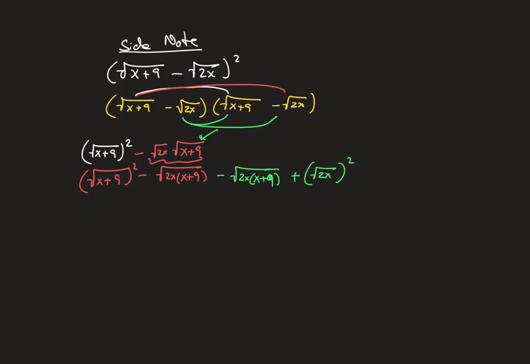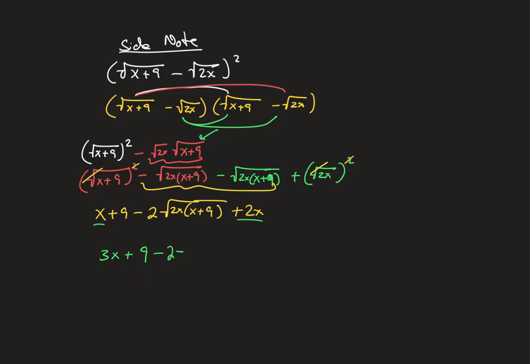And then if I try to simplify it, squaring and square rooting cancels, leaving us with x plus 9. We have two like terms here. Adding them together, we get minus 2 square roots of 2x, x plus 9. And then squaring and square rooting cancels, leaving us with plus 2x. So we'd still get at the same thing if we distribute and combine like terms. It's just a matter of which approach we are more comfortable with, and sometimes which one is shorter.